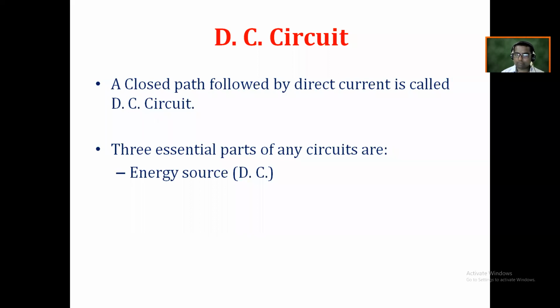Once the potential difference is created, there is a movement of electrons from the negative end towards the positive end. And once the movement of electrons occurs, the electric current flows through it. So this is the main function of the energy source.